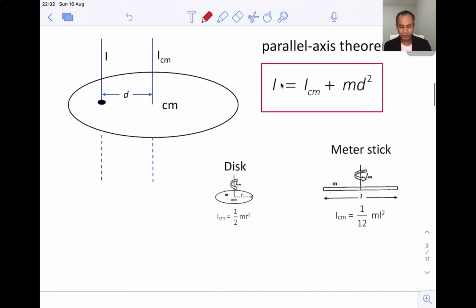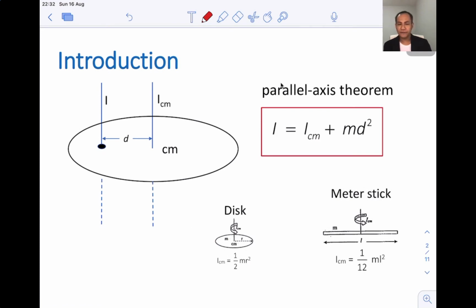Okay. Another important theorem in this experiment is the parallel axis theorem. This theorem says that if we know the moment of inertia around the center of mass of any object, usually a geometric object, for example a disc or metal stick, we can determine the moment of inertia around any pivot point or rotating point by using this equation.